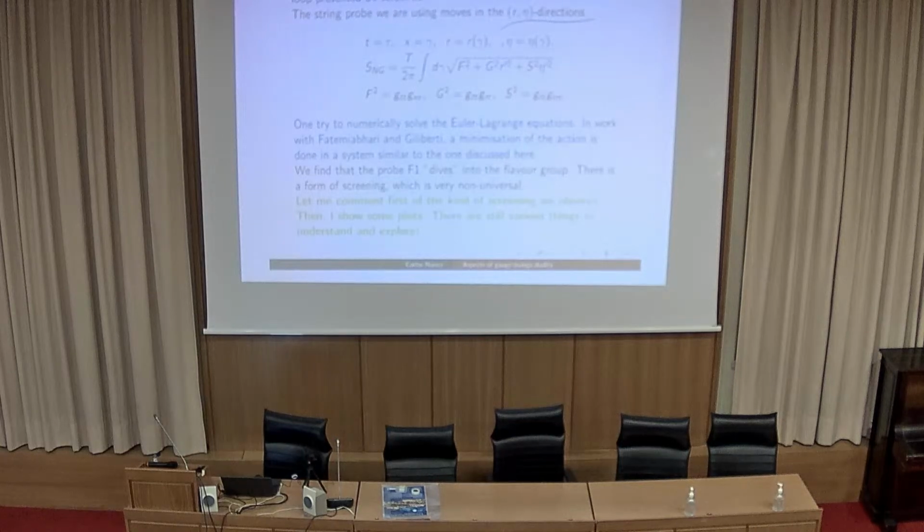To address this, we consider a string probe that moves in x, moves in time, explores the radial direction, but also has the possibility of exploring the eta direction, the quiver direction. This leads to a complicated Nambu-Goto action and complicated Euler-Lagrange equations.